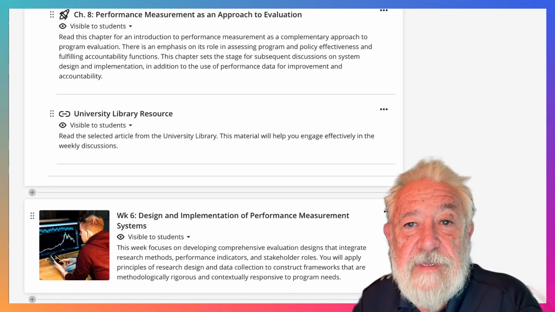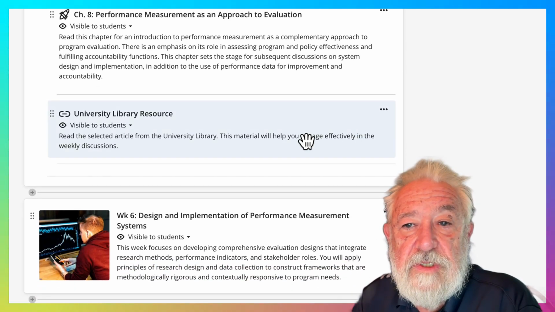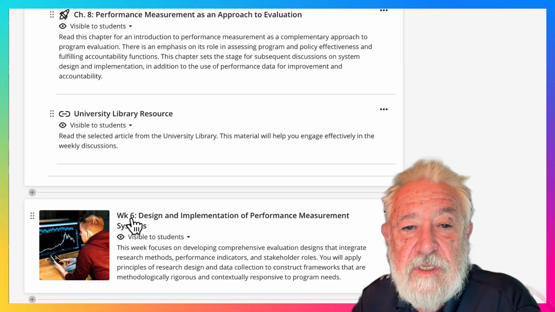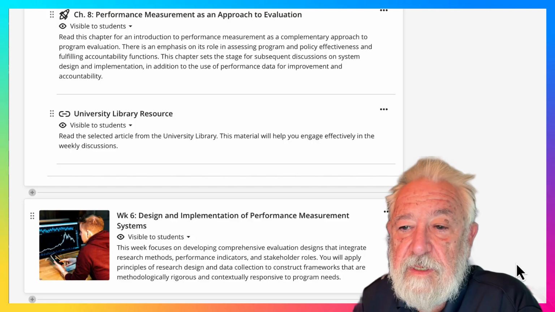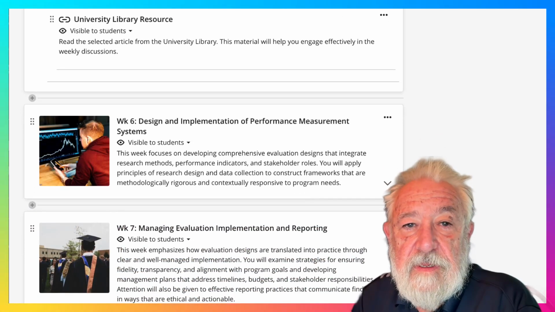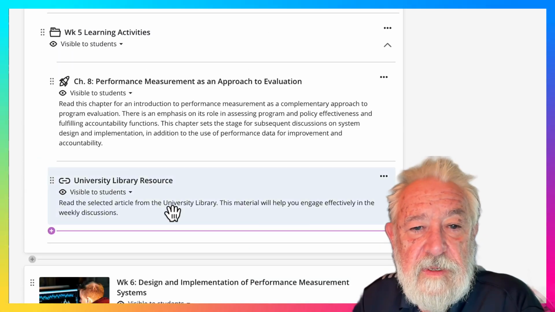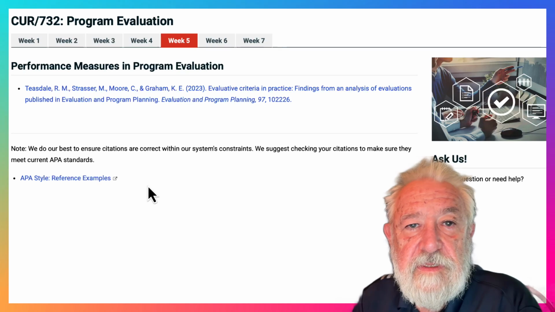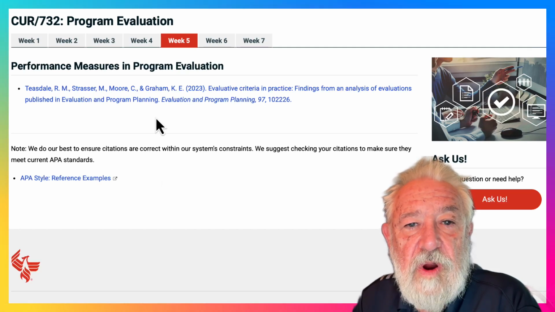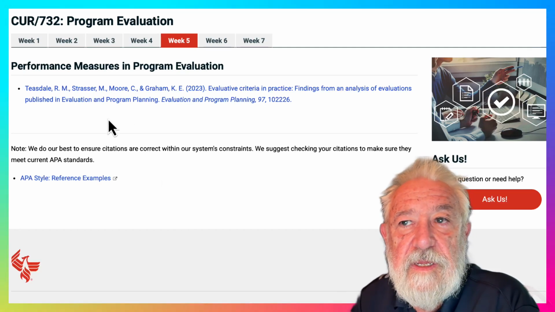Just looking at the chapters, it's week 6 resources. Here's your article that you would read.